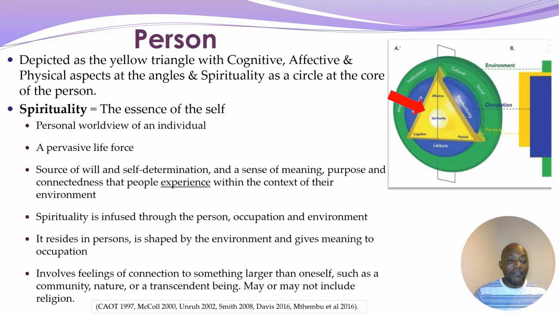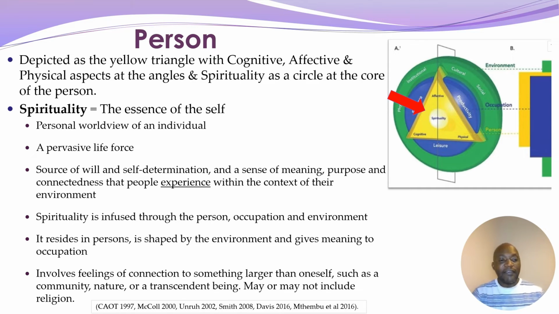Spirituality has also been defined as a life force that is pervasive. Pervasive in the sense that it's very difficult at times to explain or articulate spirituality. Unlike the physical aspects that we can see and we can touch, with spirituality, we're not able to do that. Therefore, that can make it a bit complex to explain.